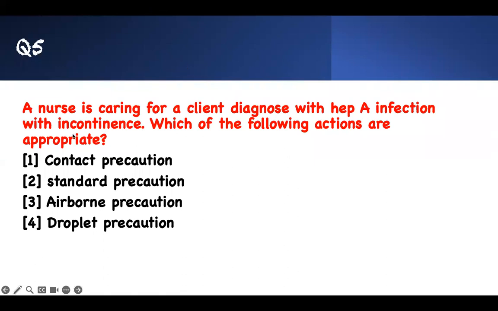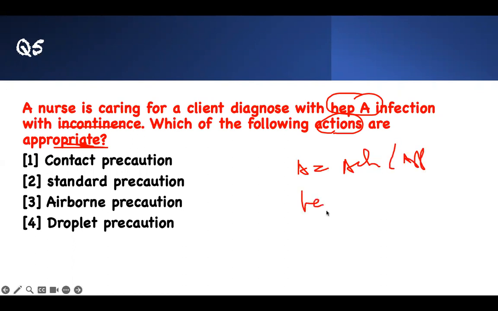Which of the following actions are appropriate? I'm looking for appropriate action. A nurse is caring for a client with hepatitis A infection who has incontinence. What is being asked? The action that is appropriate. In this case, I have hepatitis A, but not just hepatitis A, I have incontinence.